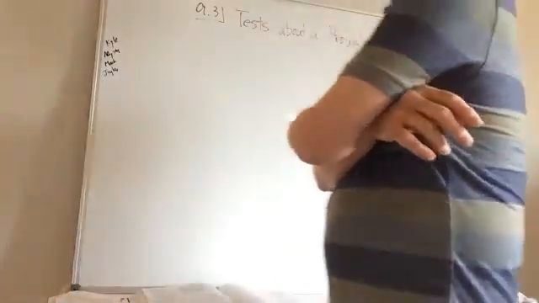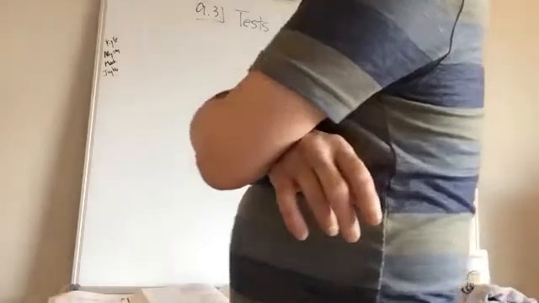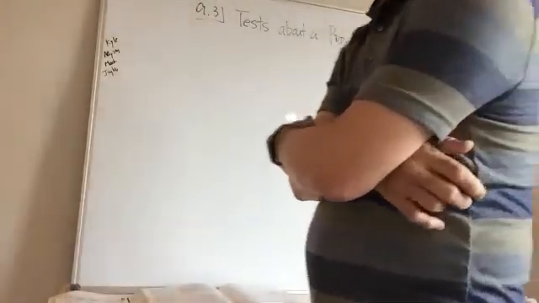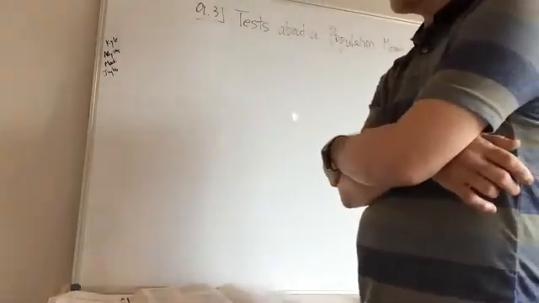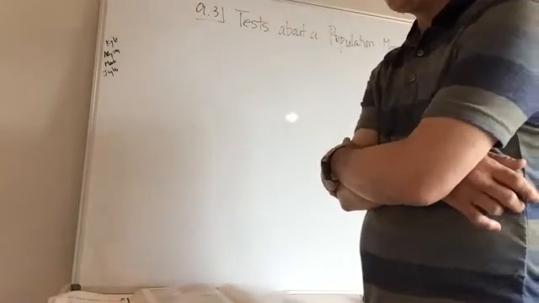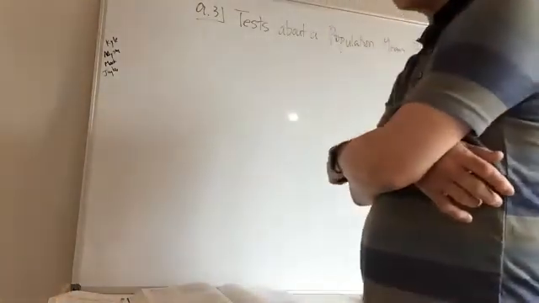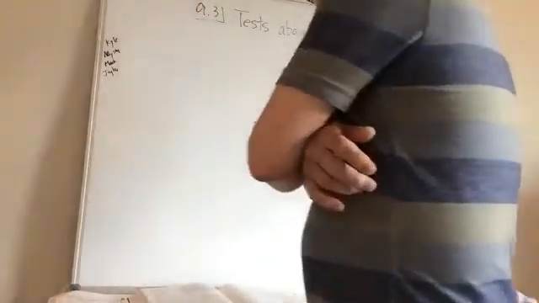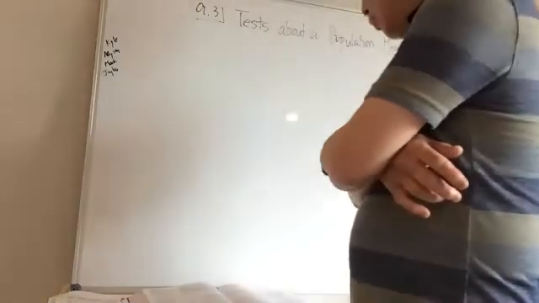Because if the Ha is true, and you for some reason do not find convincing evidence, and you fail to reject the Ho when you're supposed to reject the Ho, what kind of error is that? Is it a type 1 or a type 2 error? That'd be a type 2 error, right?